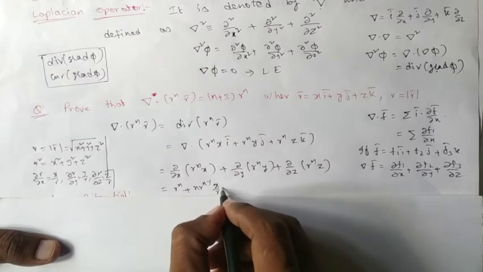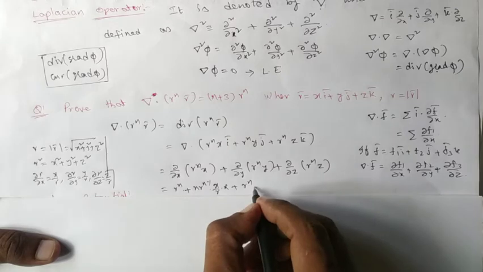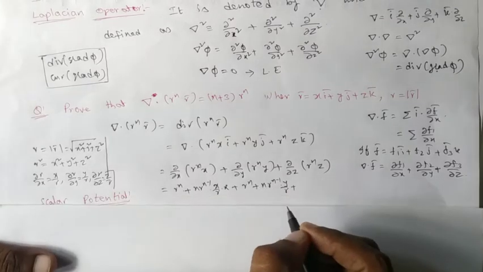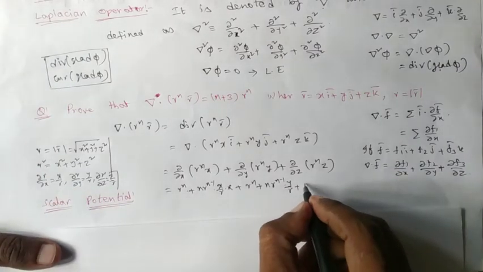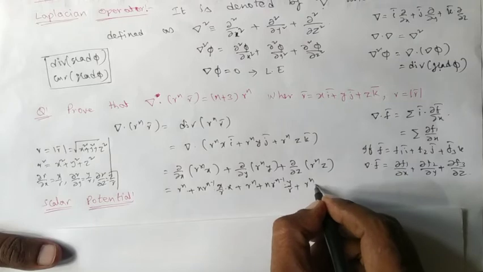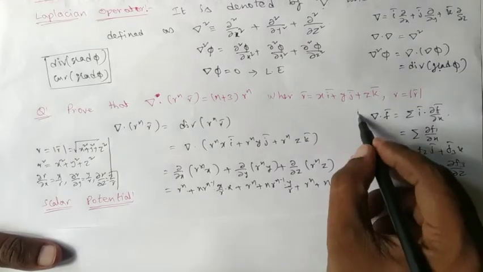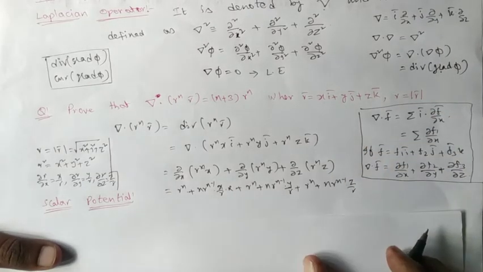∂r/∂x is x/r, into x. Plus, again for this function, rⁿ plus n rⁿ⁻¹ into y/r, plus, I can write, rⁿ plus n rⁿ⁻¹ into z/r. Clear?